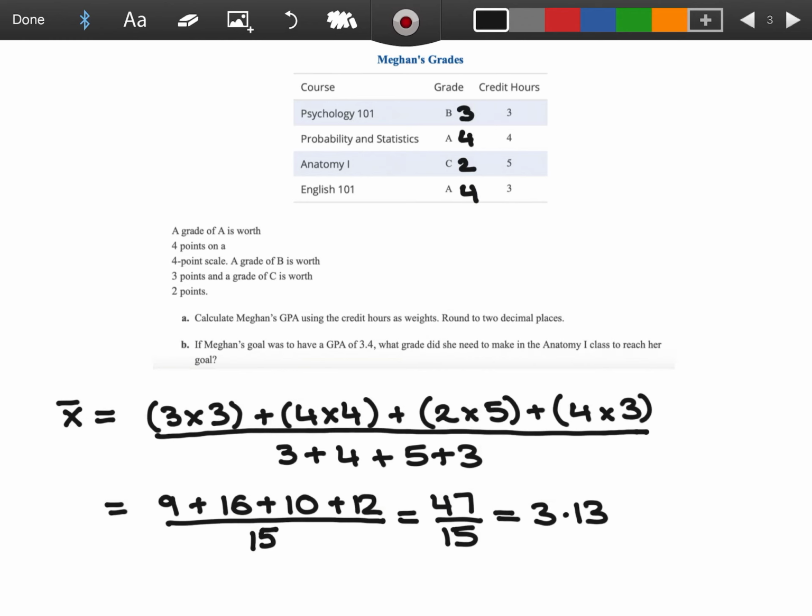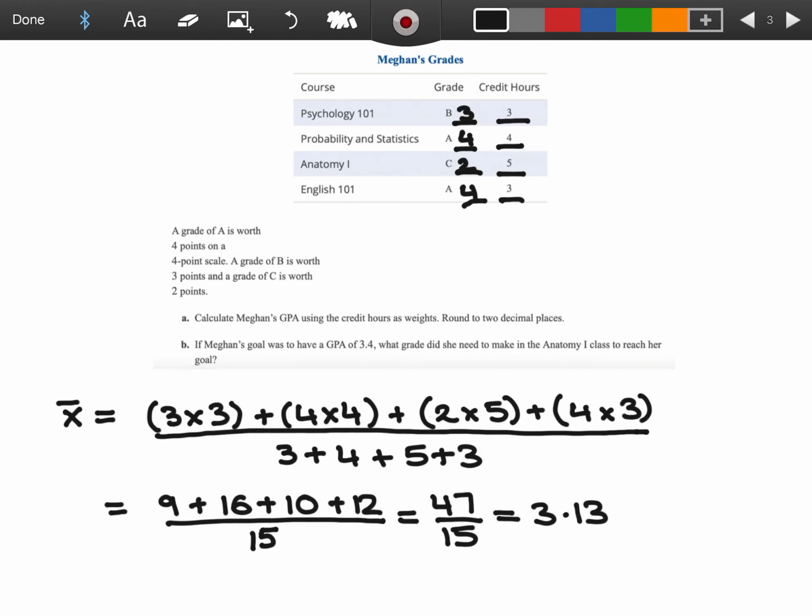So when you work out this weighted mean, you take each of the grade points, so I would take 3 in this case, and multiply it by its weighting, the number of credit hours. Then I take 4 multiplied by 4, 2 multiplied by 5, and 4 multiplied by 3.